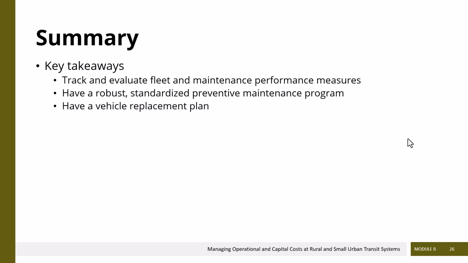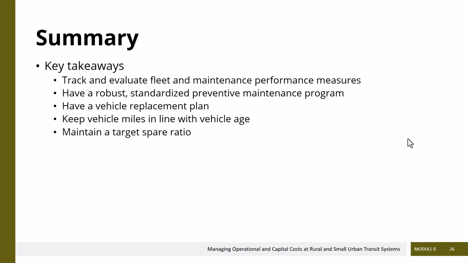Have a vehicle replacement plan to ensure that you're consistently replacing vehicles in your fleet. Keep vehicle miles in line with vehicle age, which helps you maximize the use of your vehicles. Maintain a target spare ratio. This helps you to optimize your fleet size.